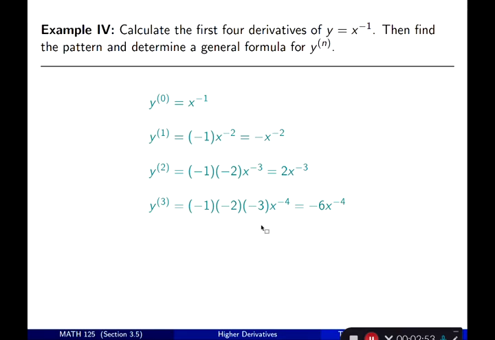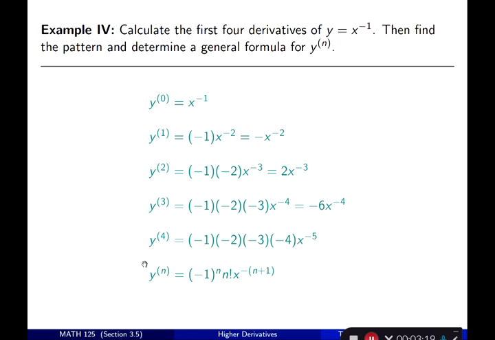And so what happens is that I see these negative signs, and the number of negative signs matches the number of the derivative, and I see a factorial that also matches the number of the derivative, and I see an exponent that is 1 less than the nth derivative.